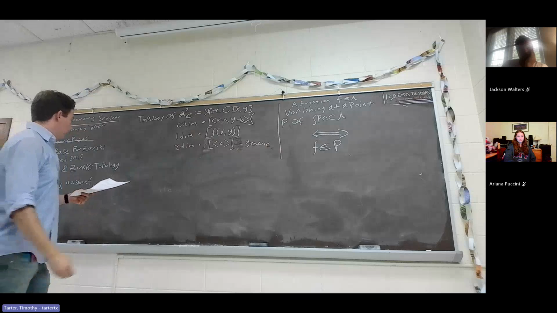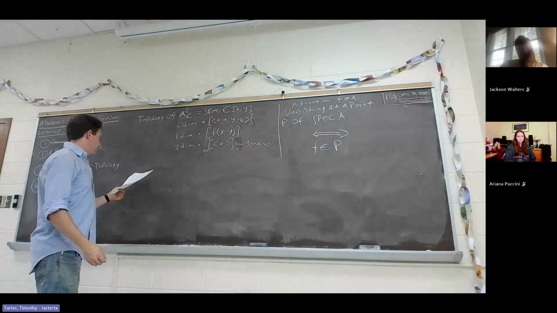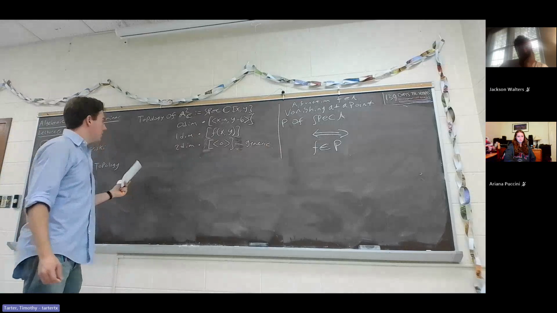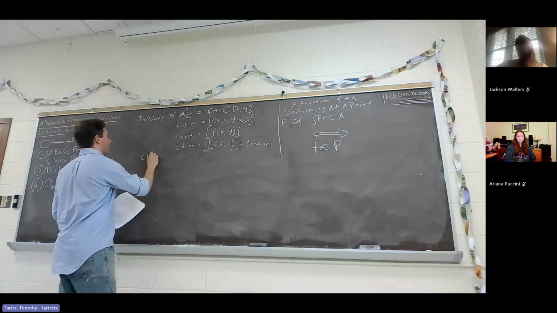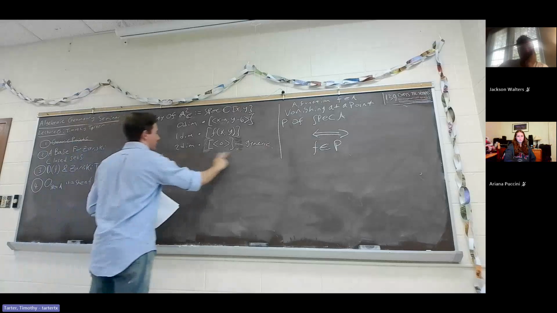Okay. So then our closed subsets are of the form of the entire space, which is the closure of this.